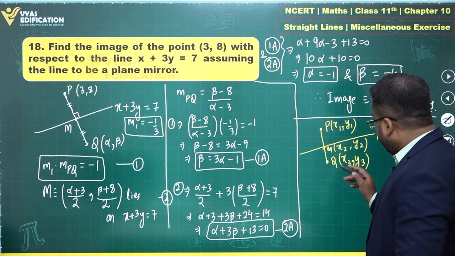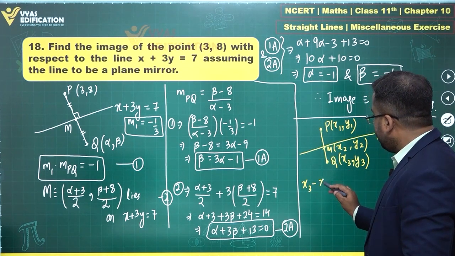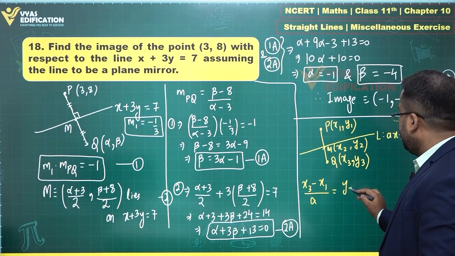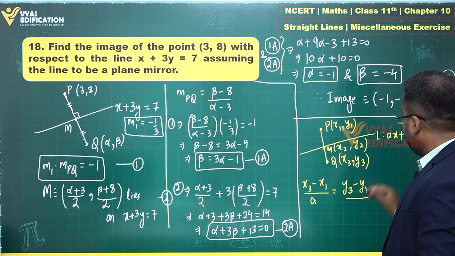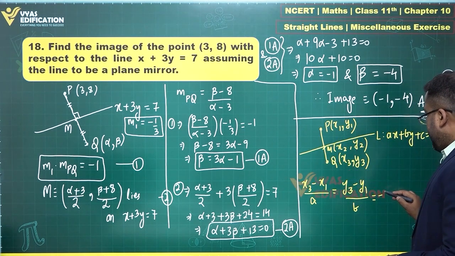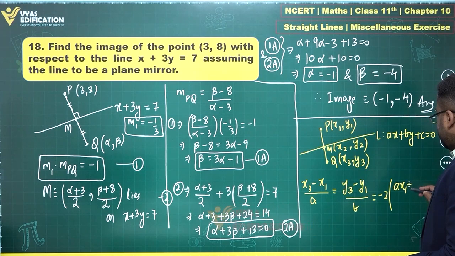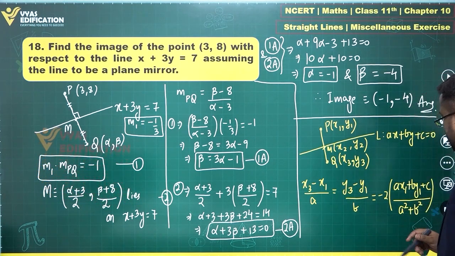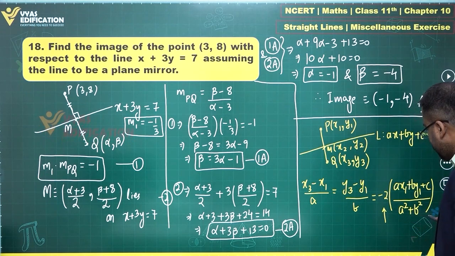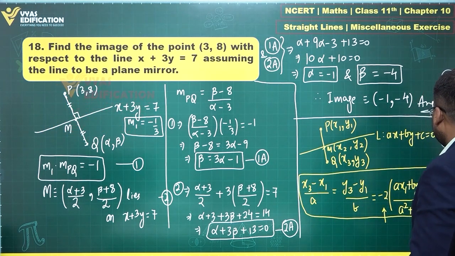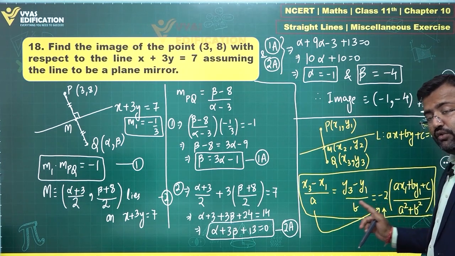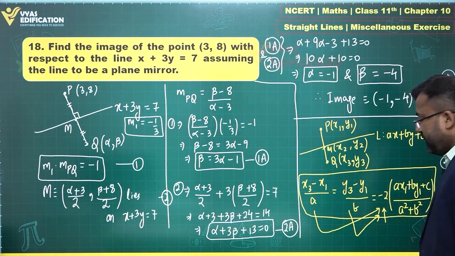For finding this image, we use (x3 - x1)/a = (y3 - y1)/b = -2(a x1 + b y1 + c)/(a² + b²). Mind you, there is no under root and no modulus over here. This here is minus 2, so take care of this. Along with this, you can use the first and third to get the value of x3, and the second and third to get the value of y3.